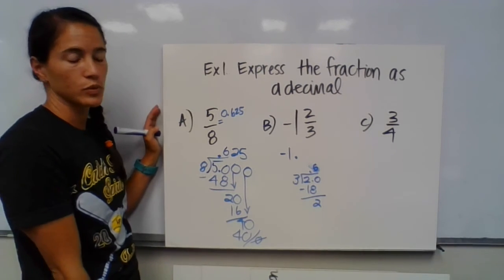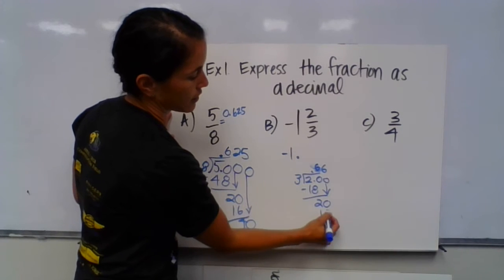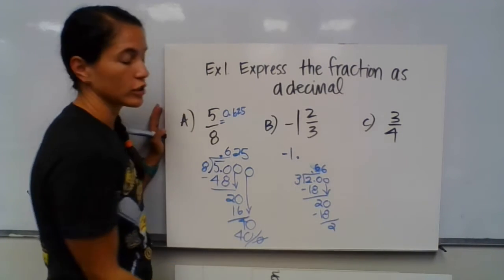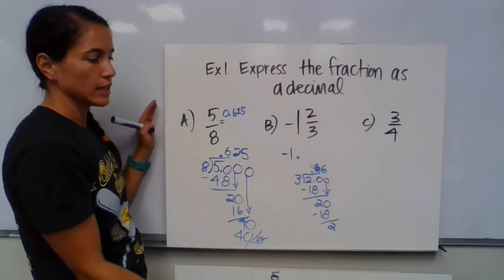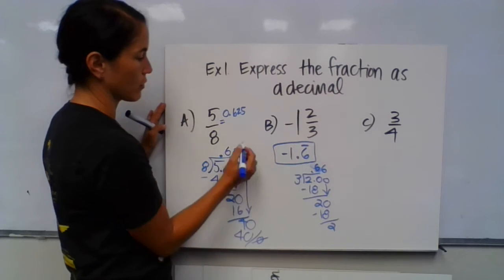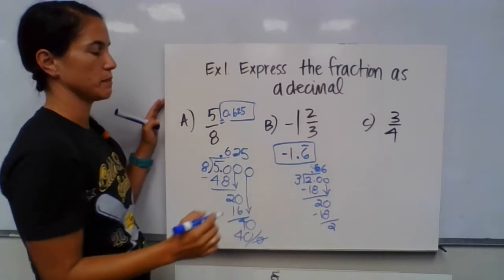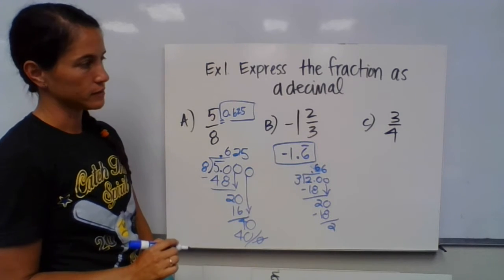Subtract and you're left with 2. You bring down a 0. 3 will go into 20 6 times, 18. Hopefully you see a pattern. It's going to be 0.6666 repeating. So we're just going to use bar notation, which is a bar over the repeating decimal. That's called bar notation. So -1 2/3 is -1.6 repeating.